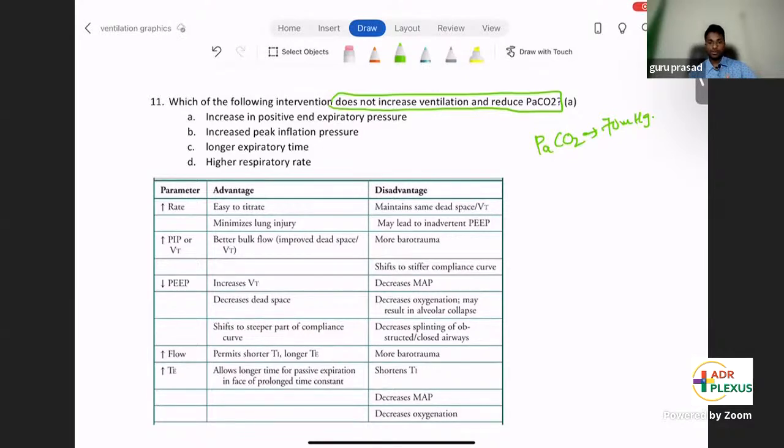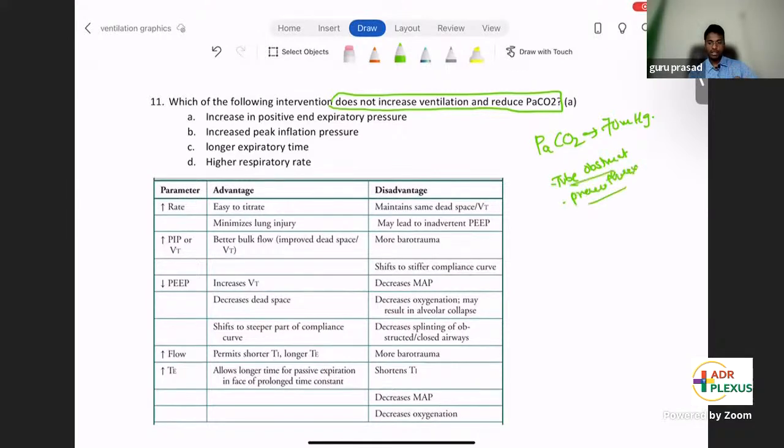Two important things. Can anyone type in the chat box? Come on, fast. It is nothing but tube block, tube obstruction. Other thing is pneumothorax.